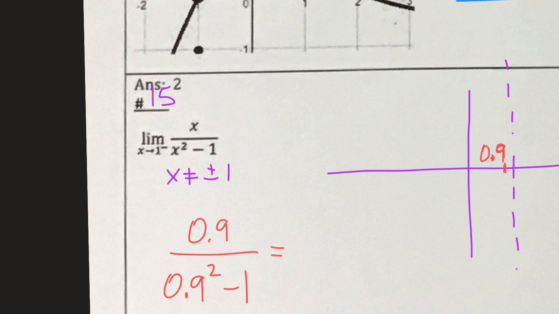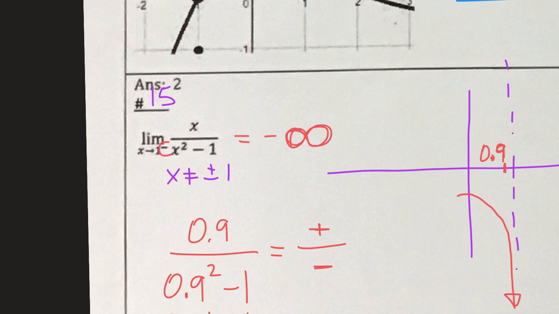Okay, so 0.9, well, that's a positive value. 0.9 squared is, I believe, 0.81, right? Because 9 squared is 81. So 0.9 squared is 0.81. 0.81 minus 1 is a negative number. So if I have a negative number, that means my graph goes down to negative infinity.